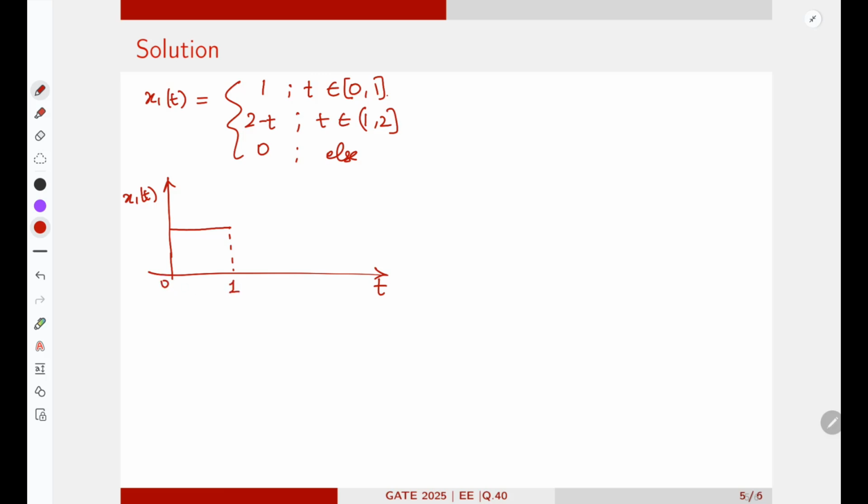So this is 0 and 1, and then from 1 to 2, the function is 2 minus t, which is nothing but like this.